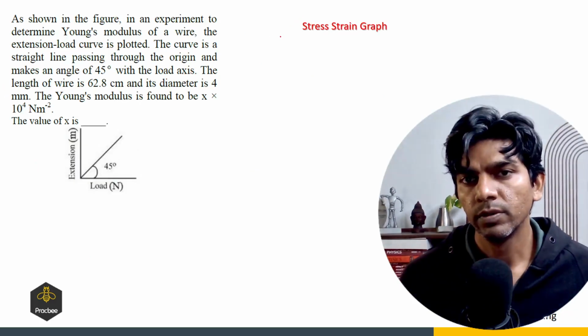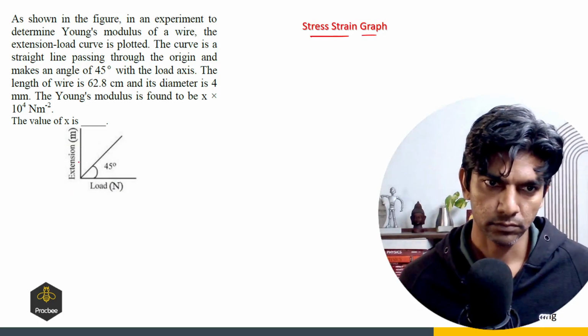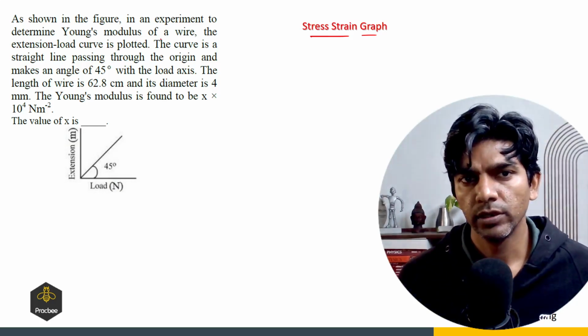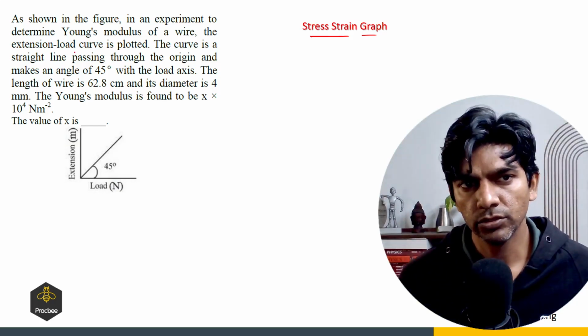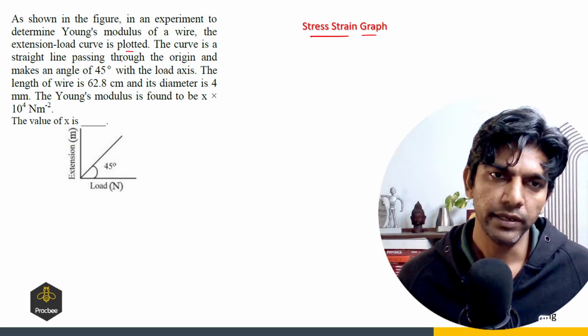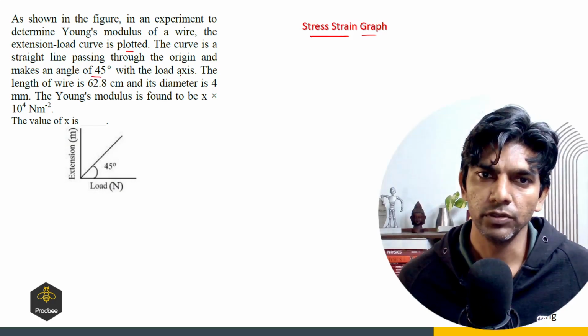Now the next problem type is based on stress strain graph. As shown in the figure, in an experiment to determine Young's modulus of a wire, the extension load curve is plotted. The curve is a straight line passing through the origin and makes an angle of 45 degree with the load axis.